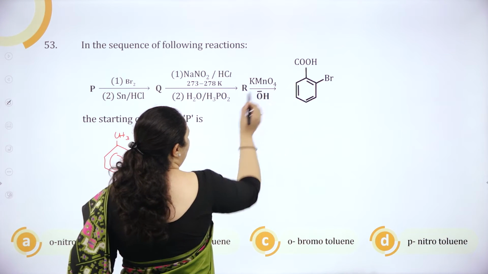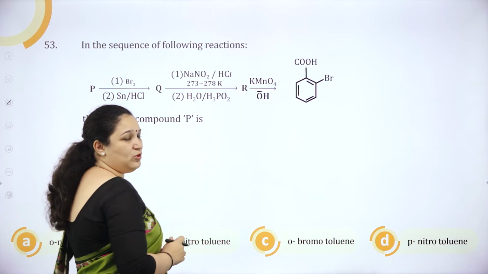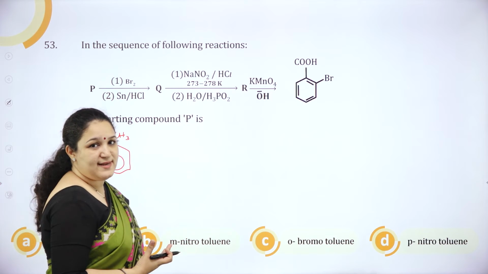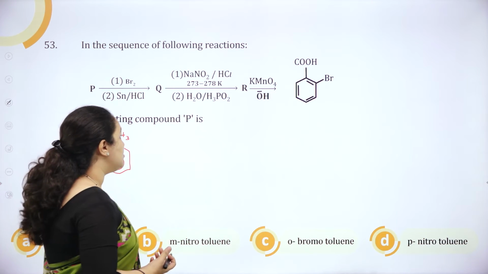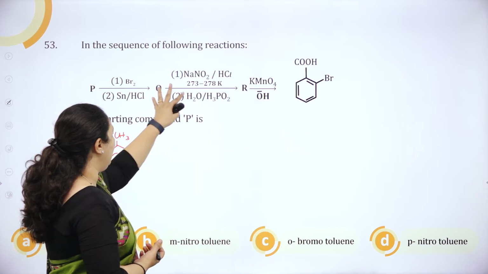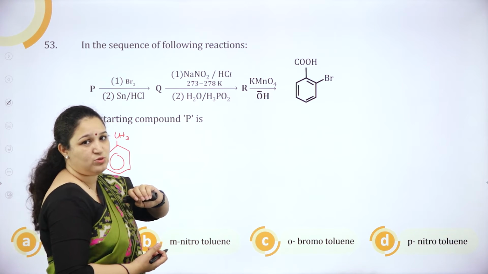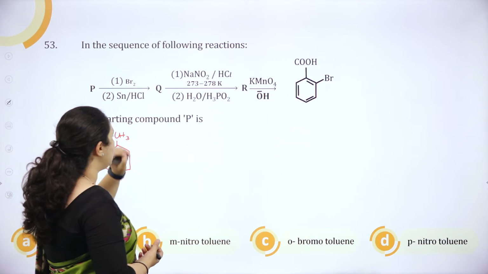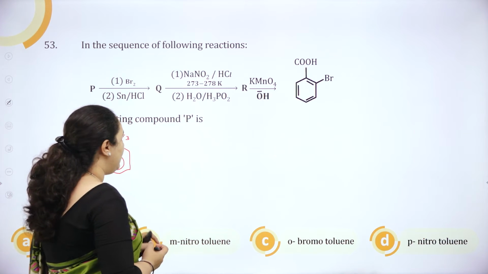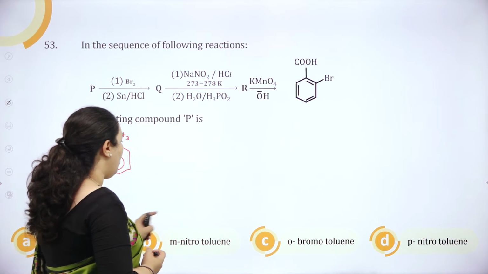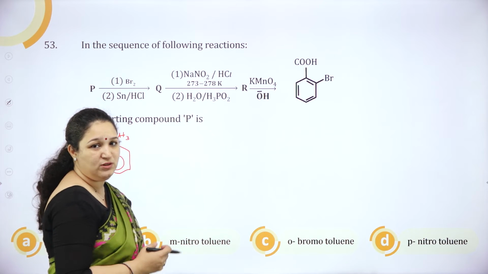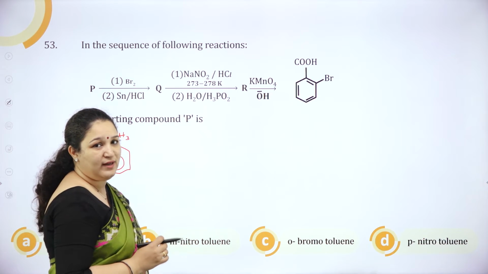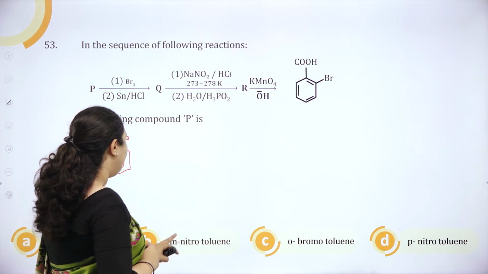Okay. KMnO4, alkaline KMnO4 is a strong oxidizing agent. Correct. So the CH3 group eventually could have got converted into COH group, and in ortho position you have bromine. So can you have orthonitrotoluene or orthobromotoluene as your option? No. You cannot take in ortho position. Okay.